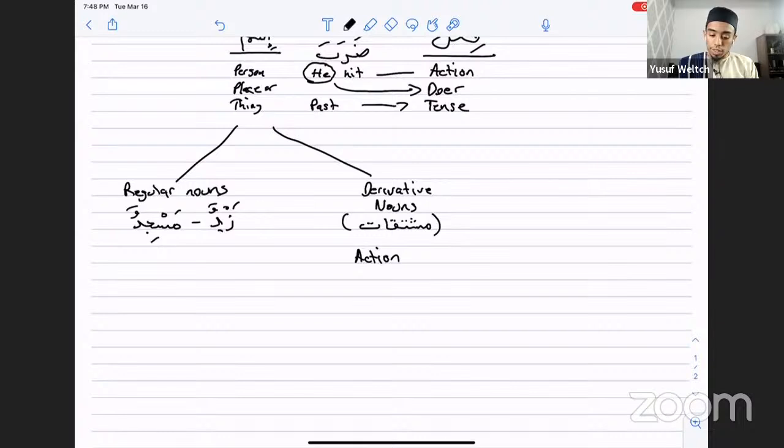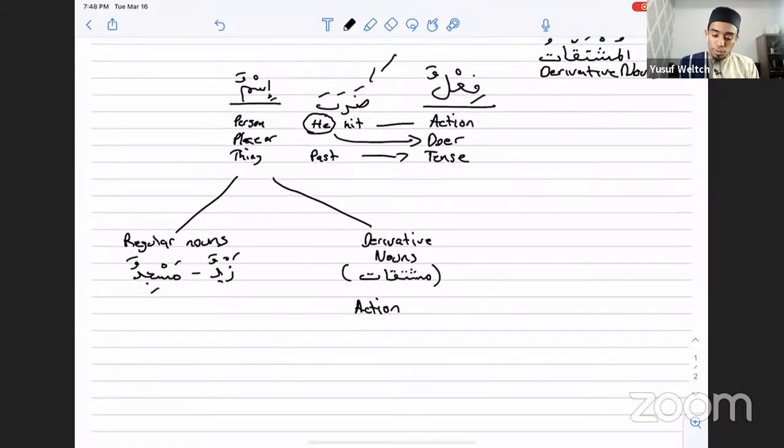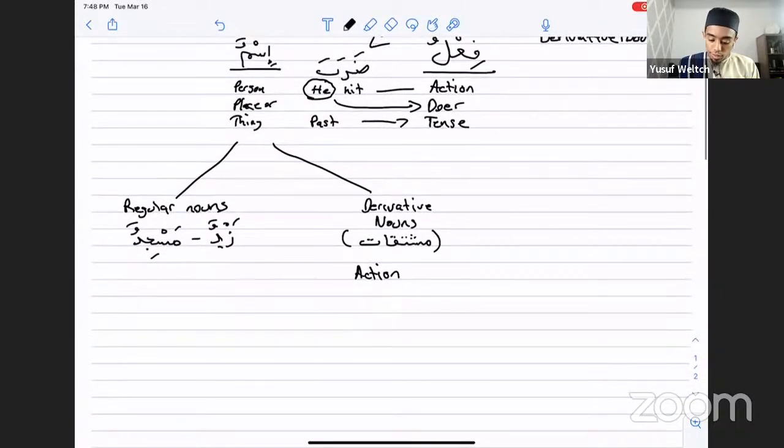It's just like when we use the verb daraba, the root letters of daraba mean to hit. So there's an action entailed. And then, depending on which derivative noun it is, there may be a doer or a person implicated in the action. However, no tense.